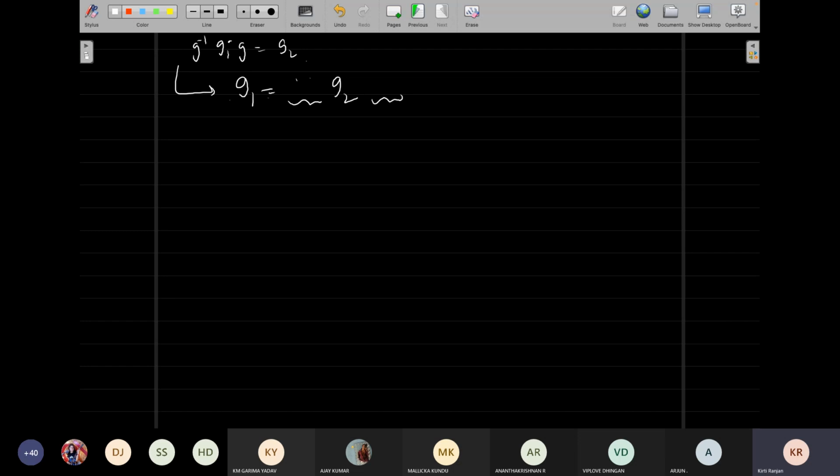So if I want to write G1, I multiply G and G inverse on the left and right sides. So this is basically the same, right? So if I am saying that G1 is conjugate of G2, then it also means that G2 is conjugate of G1, right? This is one and the same thing.